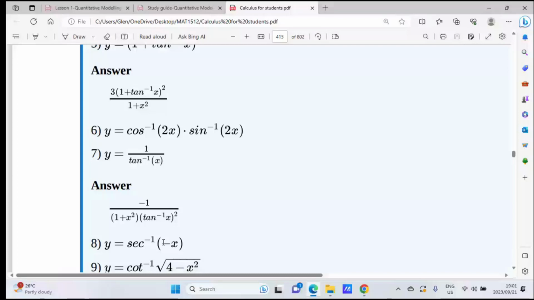Ndumiso's hand is up. Yes, Ndumiso. May you please go back to that formula sheet for inverse derivatives? I just want to confirm something.